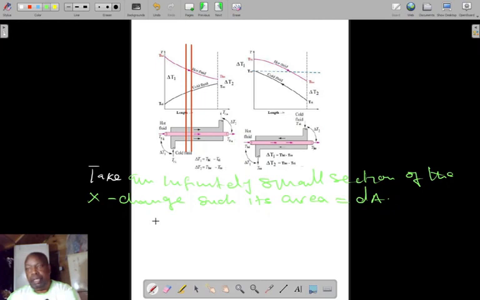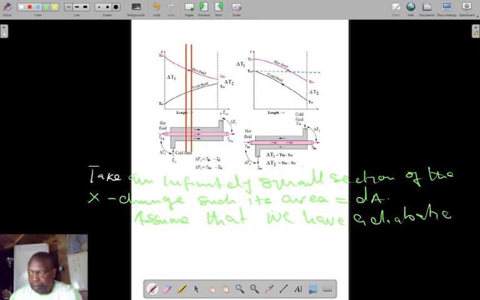Now our first assumption is that the solid surface offers no resistance to heat flow by conduction. The second assumption that we will make is that we have adiabatic conditions.